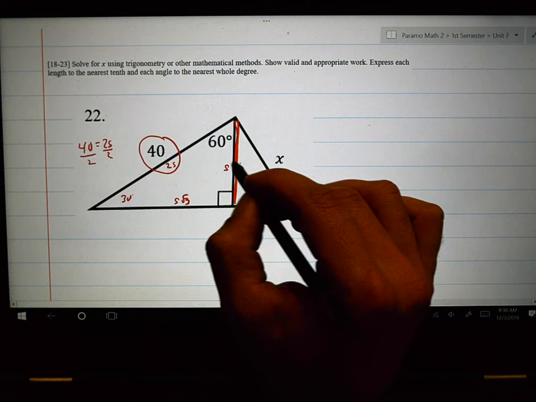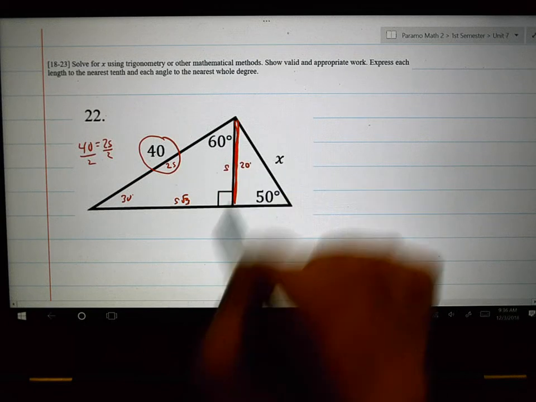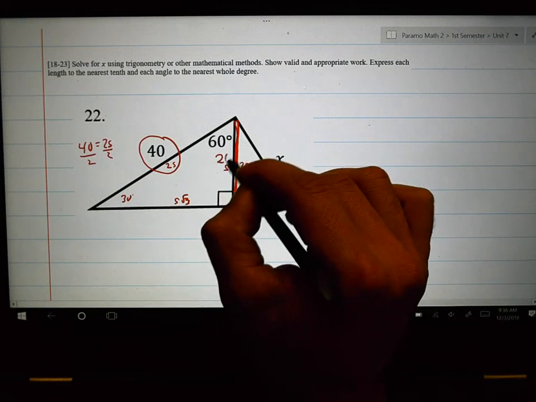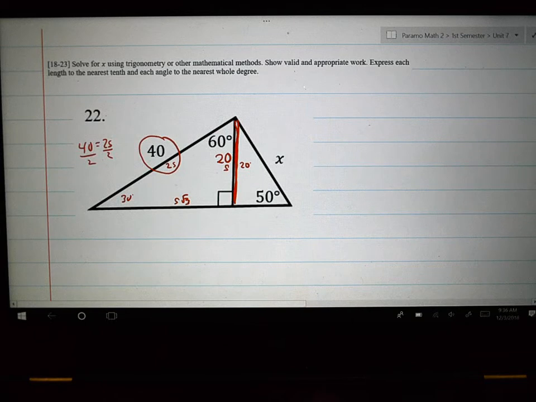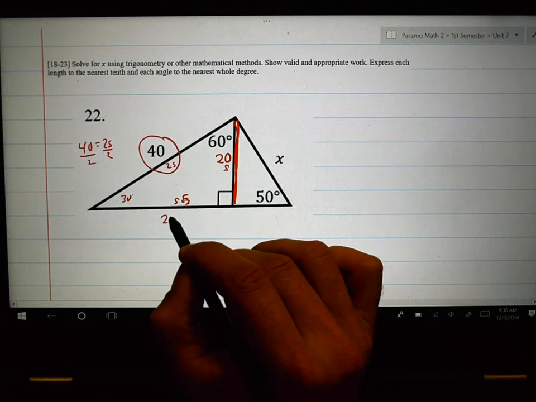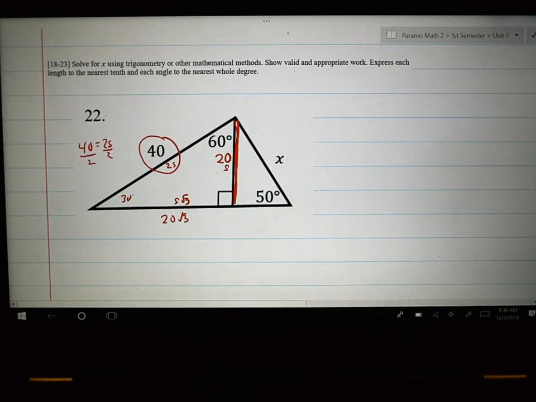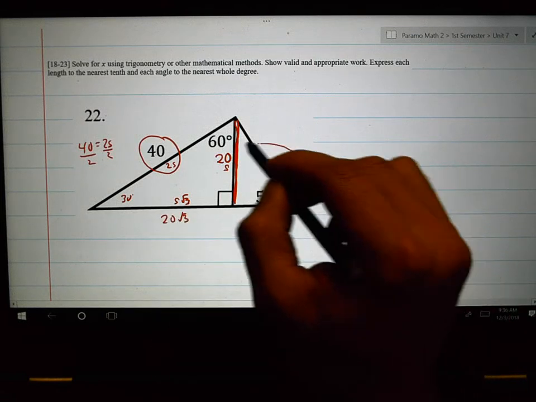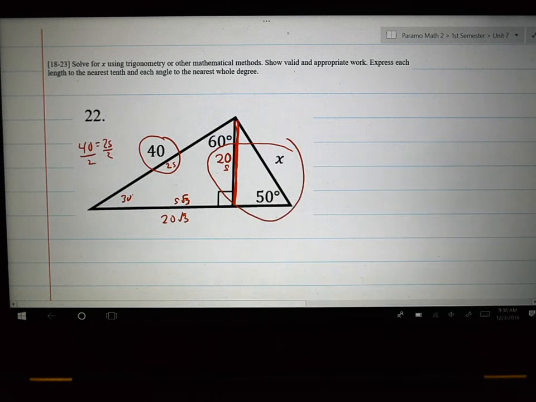That means this red line over here is 20 units long. Let me put 20 right there. I could put it down here that this is 20 root 3, but that's not going to help me. And now I have enough information in this right triangle to figure everything out.